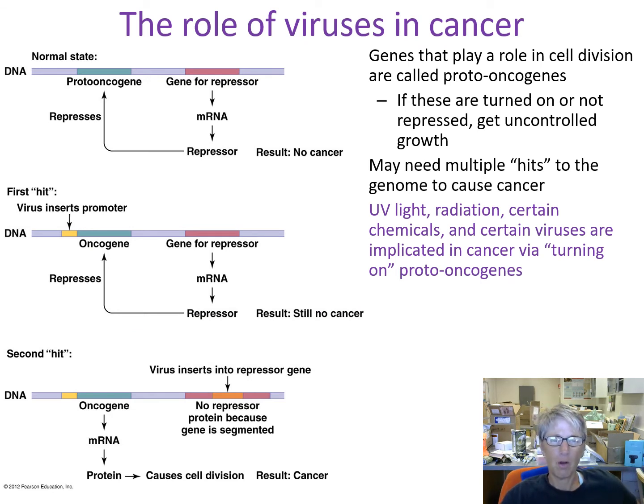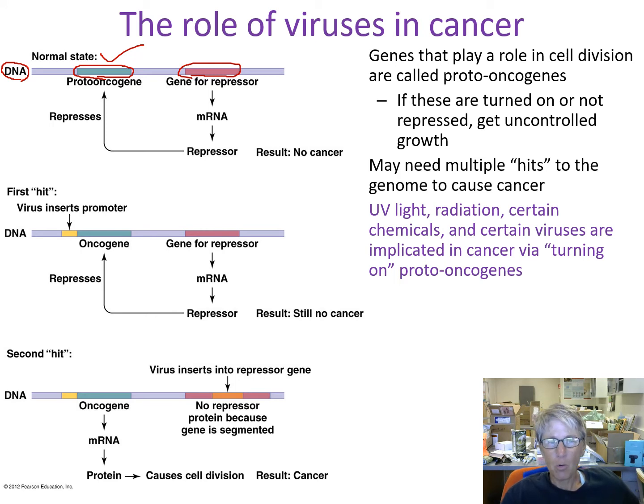Okay, so let's look at this cartoon. We'll look at the role of viruses in cancer. So here's a piece of DNA in the normal state. So you have this green piece here that's called a proto-oncogene. And then you have over here a gene for a repressor. So the proto-oncogene can become an oncogene. Proto just means before. So before you're a cancer gene, you're a proto-oncogene.